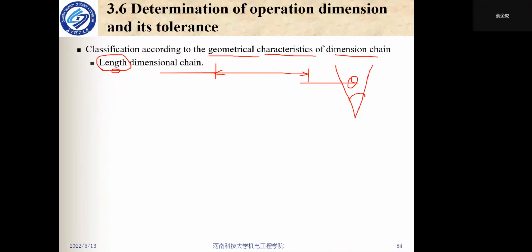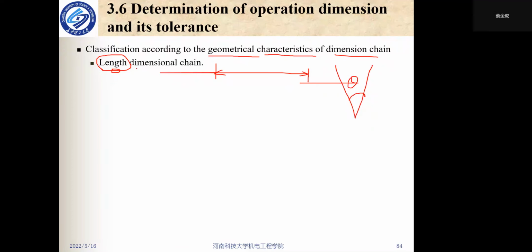The length dimension chain means each dimension in the dimension chain is a measure of the length. Under classification according to geometrical characteristics of dimension chain, the first one is the length dimension chain.